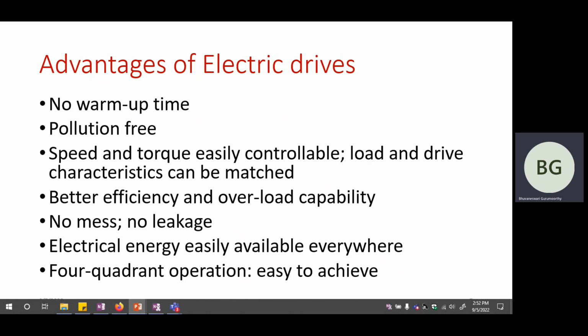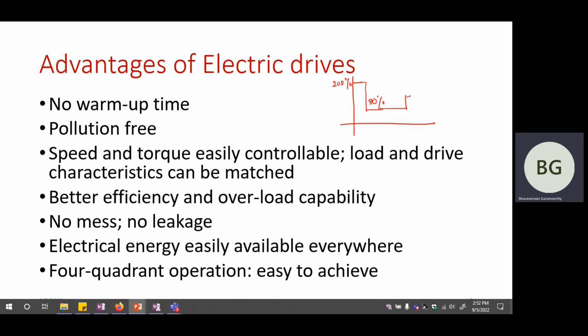What do we mean by overload? So let us say my load requirement is somewhat like this. For some time, it is going to require 200% of normal or average capacity. For some time, it is going to require only 80% of normal capacity, and that is for a longish duration.